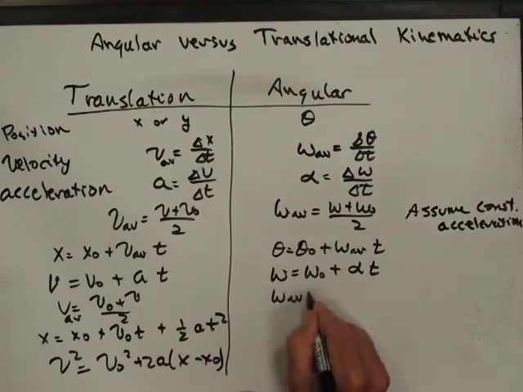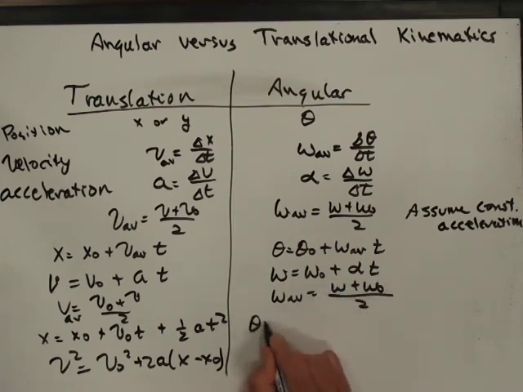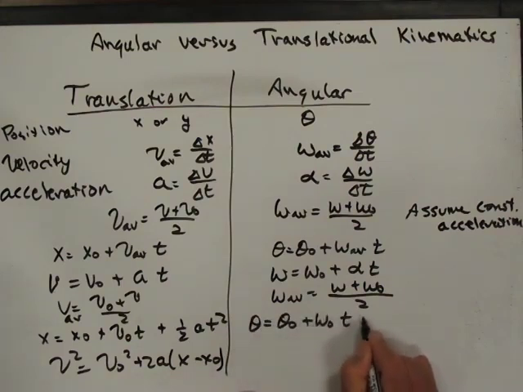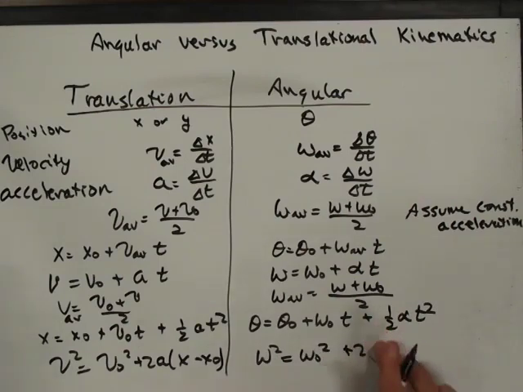Omega average is equal to omega plus omega naught divided by 2. Theta is equal to theta naught plus omega naught times time plus 1/2 alpha t squared. Omega squared is equal to omega naught squared plus 2 alpha times theta minus theta naught.